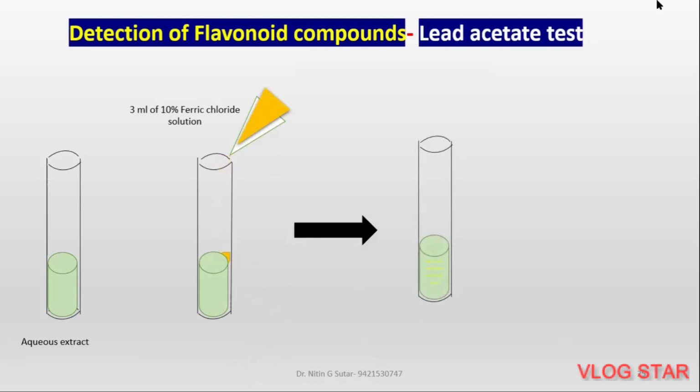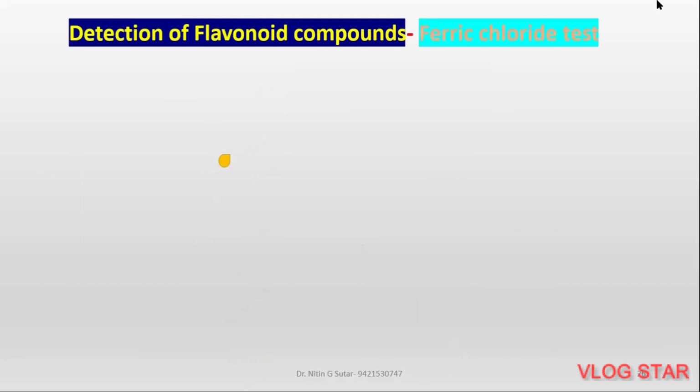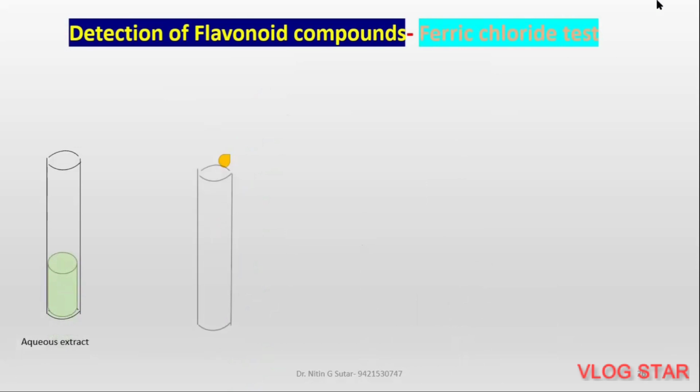Once you have added this solution, yellow color precipitates are obtained that indicate that flavonoids are present. Friends, next one is the flavonoids test by utilizing ferric chloride. You have to take the aqueous extract. To this aqueous extract, you have to add ferric chloride.